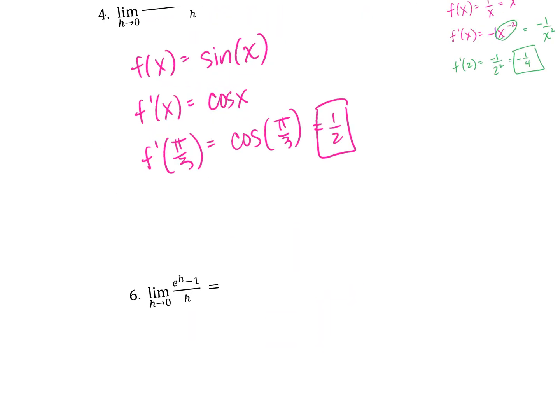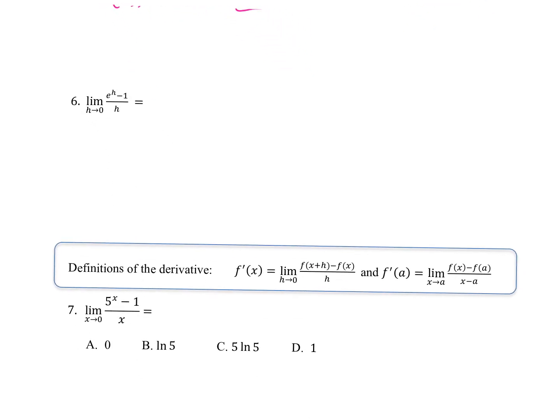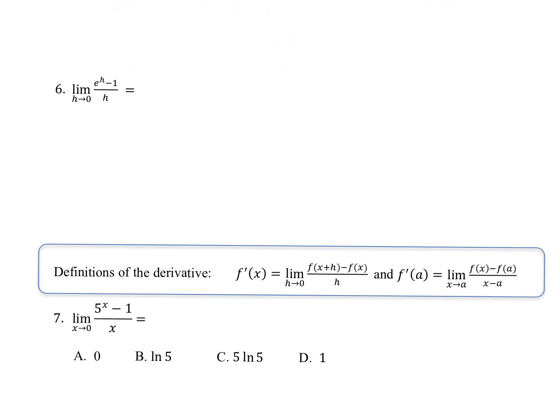Okay, I'm going to back this out so you can see that, the definitions are down here too. Which one? If h is approaching 0, definitely this formula. What's my function? Don't forget, we're seeing a 1, but they've simplified something. My function when x plus h just gets me e to the h.